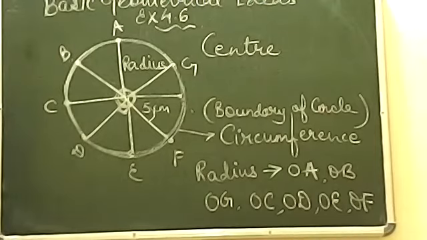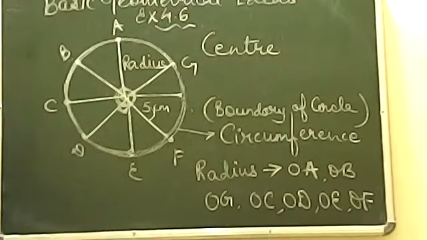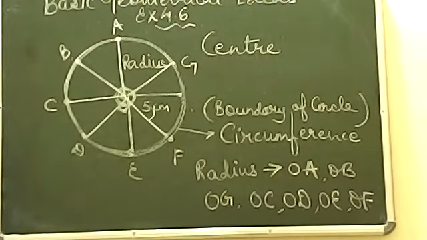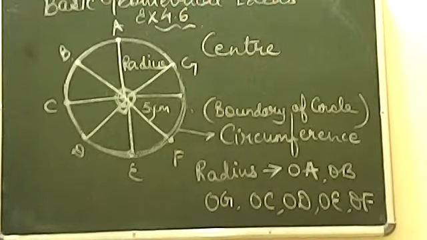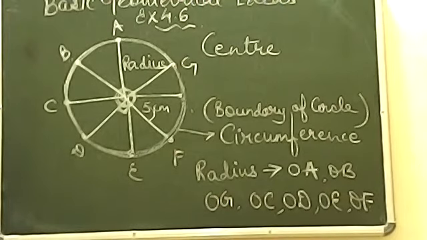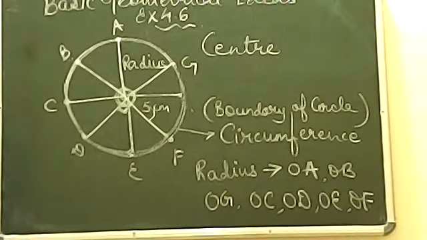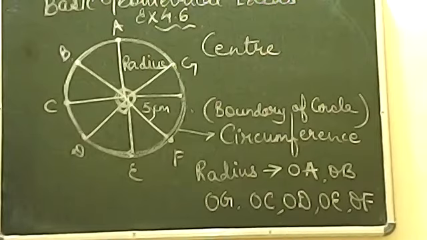And remember, a circle has infinite radius. You can draw as many radius as you want. A circle has infinite radius, many number of radius. And remember, a circle has all the radius of the same length. सारी की सारी radius same length की होती है बेटा. Okay.